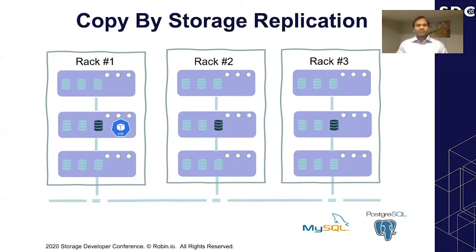For example, MySQL will need one data disk for its data and logs, and it's going to get one volume. But underneath, the storage layer can make copies without the pod knowing it. So it can withstand the failure of a disk, or the rack, and still continue to work with these failures.